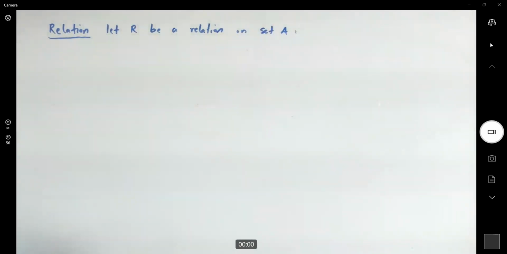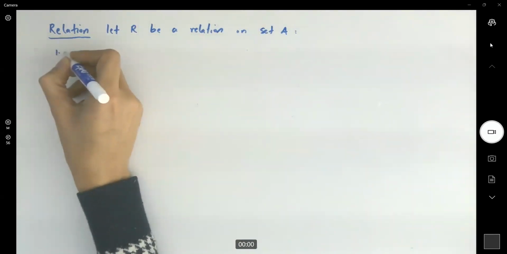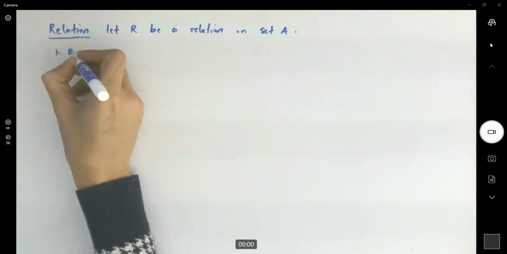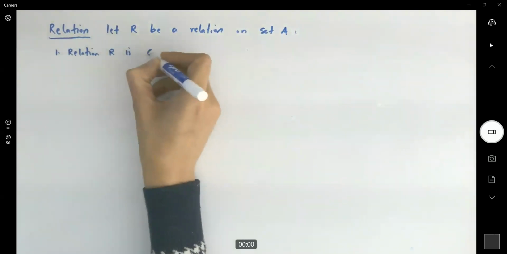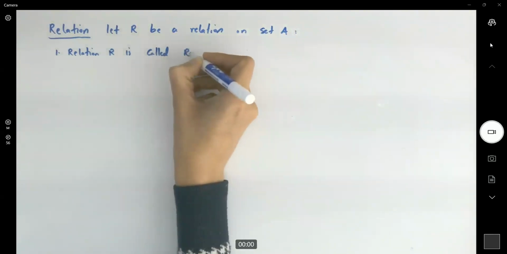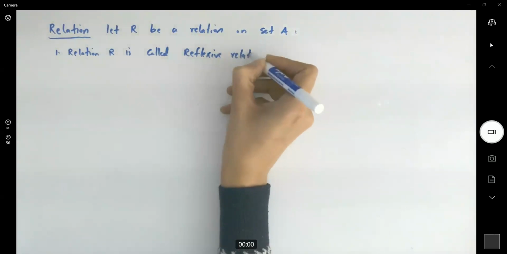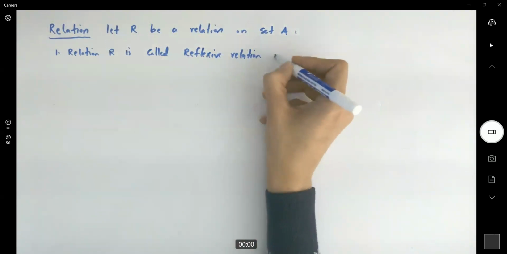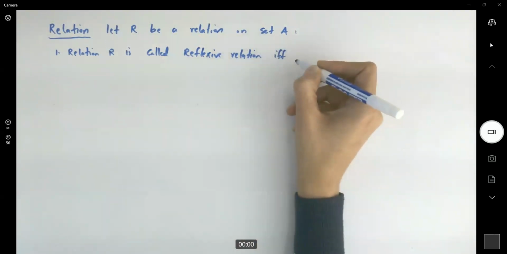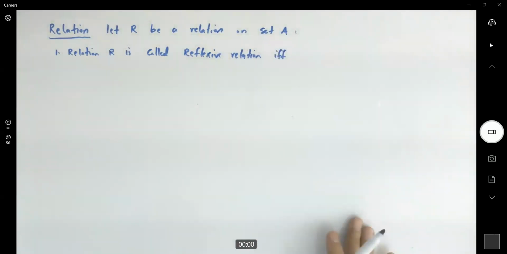We say that this relation is reflexive. The relation R is called a reflexive relation if and only if for any x in A, x is in relation with itself.